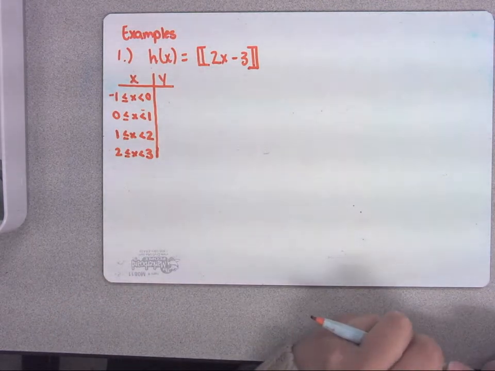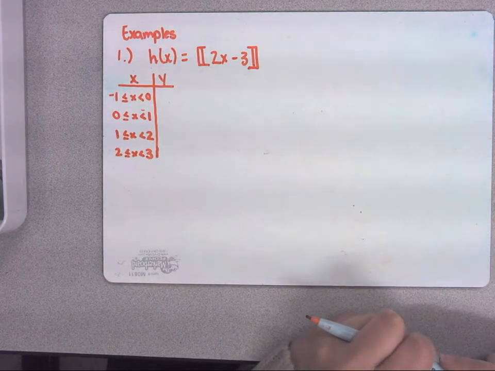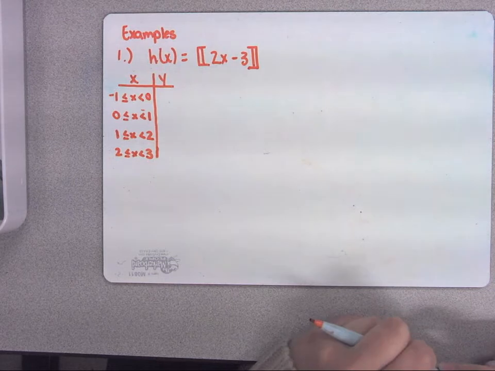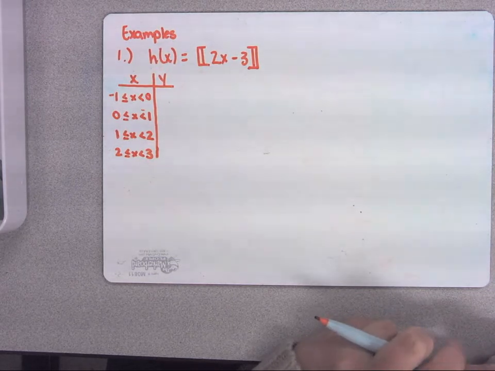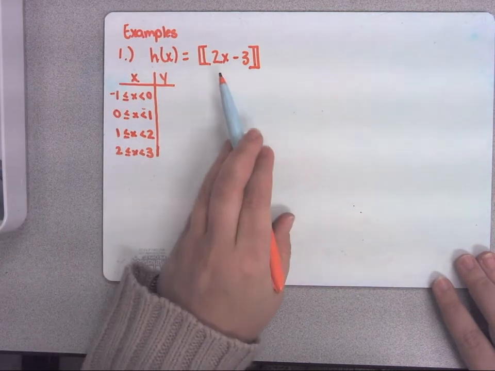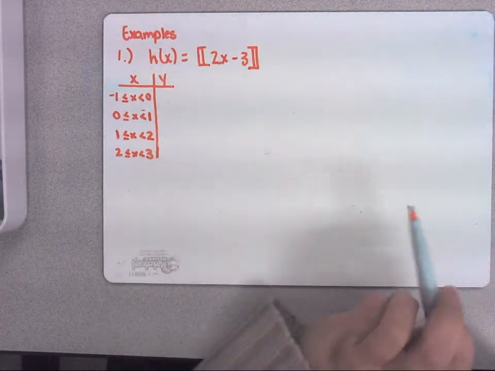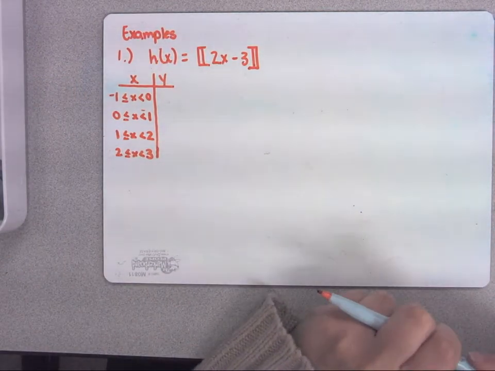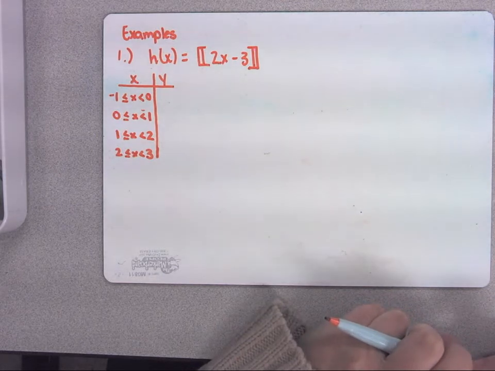Now, how do we find our answers for our y's? Because we got a lot going on in that x side of the table. Always plug in the left number. So -1, plug -1 in here. -2 times -1, and then -3 is what? Correct.